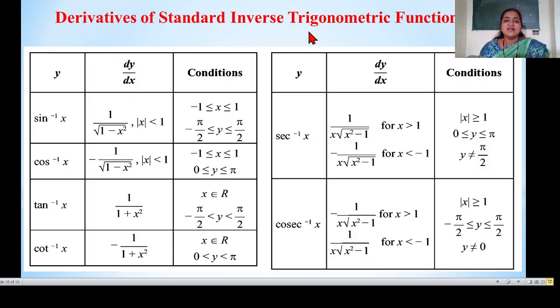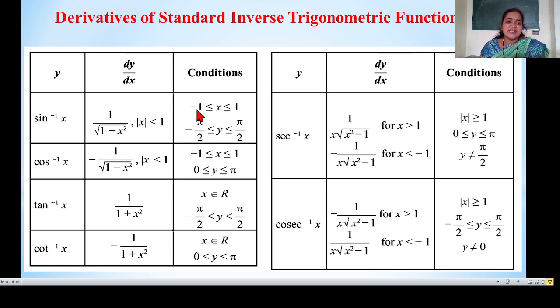Now next we see some formulae for the derivative of standard inverse trigonometric functions. Here the function is given, its derivative is given, and its condition is given. Sine inverse of x: the derivative is 1 upon square root of 1 minus x square, with mod of x less than 1.